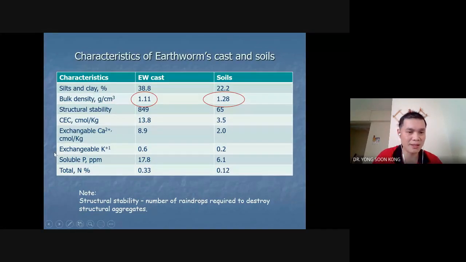Because if these three are exchangeable and soluble, most likely these nutrients are available for plants. They can be absorbed by plants. And compared with the soil, the worm cast has increased significantly. So do you see why worm cast is so good? Because they have nutrient, and this nutrient can be absorbed by plants.